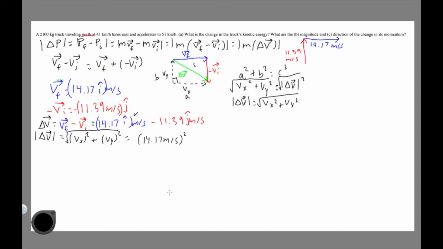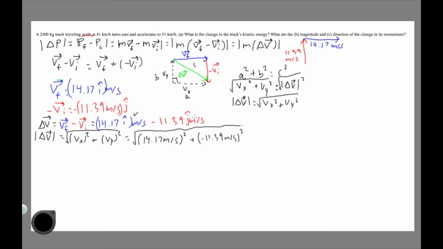And since Vy is equal to the length of this vector here, negative Vi, we can say that Vy is equal to negative 11.39 meters per second. And let's take the square root of this whole entire thing.